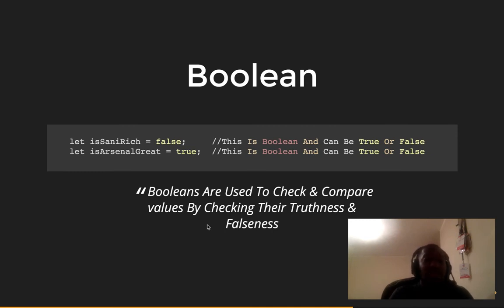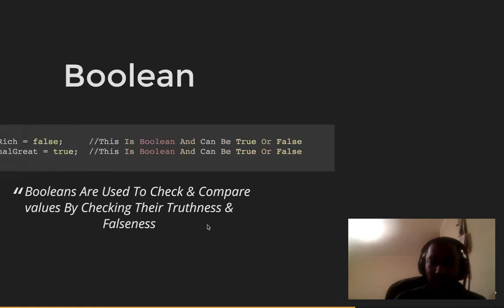True. Is China the most populous nation in the world? That's true. That is a fact. You're establishing a fact. Is Sani the most beautiful guy in the world? Hell no. False. Is Sani going to be very successful and wealthy? Hell yes, I would like that to be true. So that's how you represent it, and that's what you call a Boolean. It's true or false. And we'll get into that a bit later.